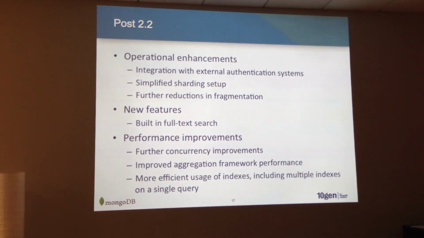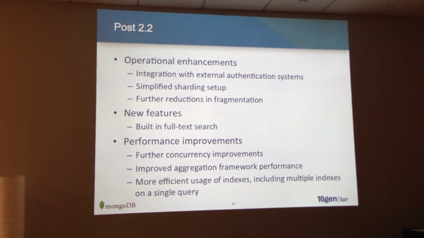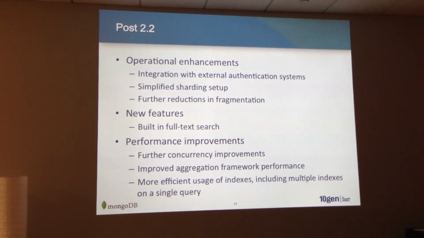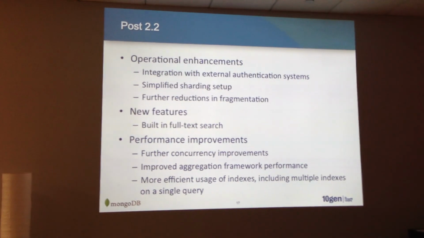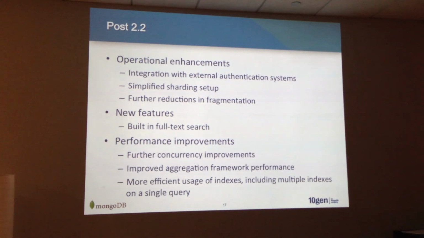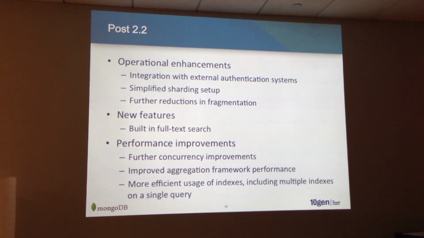And it's actually running right now. We're using it to implement the search on some sites. So it's been coded for over a year, but we want to get it right, and most likely it's going to be the big feature in 2.4, as the aggregation framework was in 2.2.